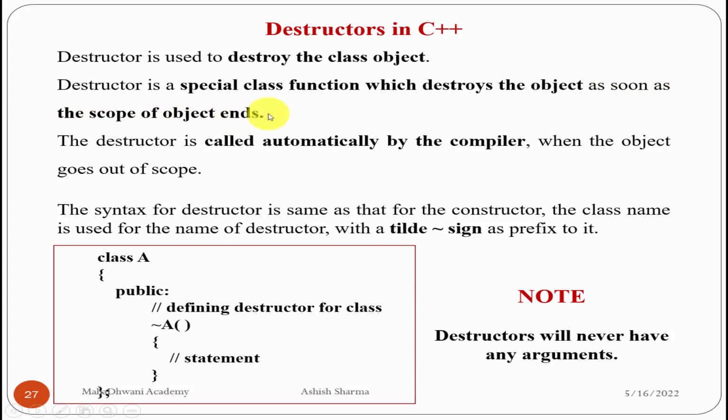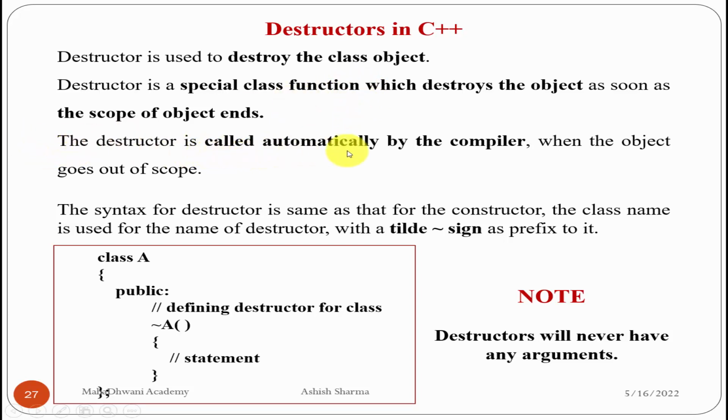Whenever the scope of the object is over, the destructor will release the memory and make it available for the next variables, so next objects. So it will destroy the objects and release the memory. It will make performance high for the system, and memory management will be done in this regard.